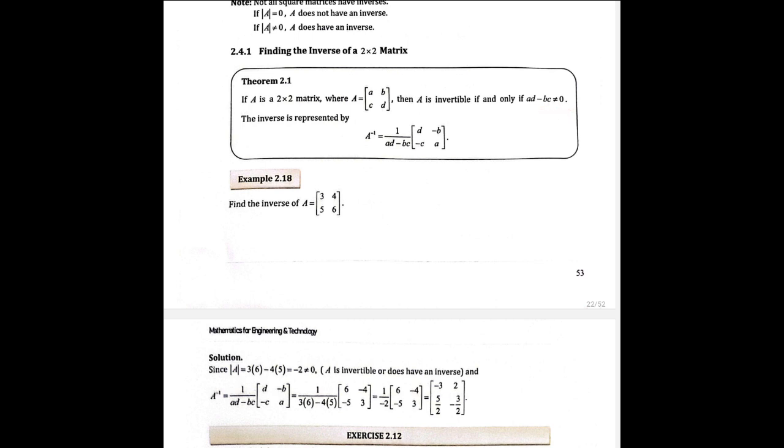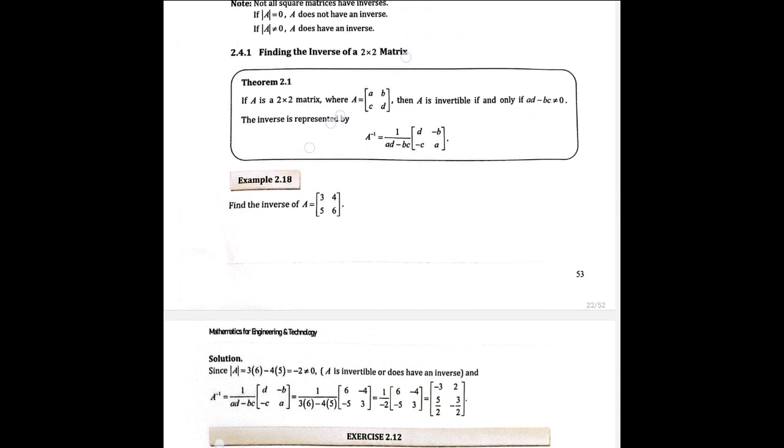Please remember that ad minus bc is actually the formula for the determinant. So when ad minus bc is not equal to 0, as we have discussed before, it indicates the matrix is invertible.